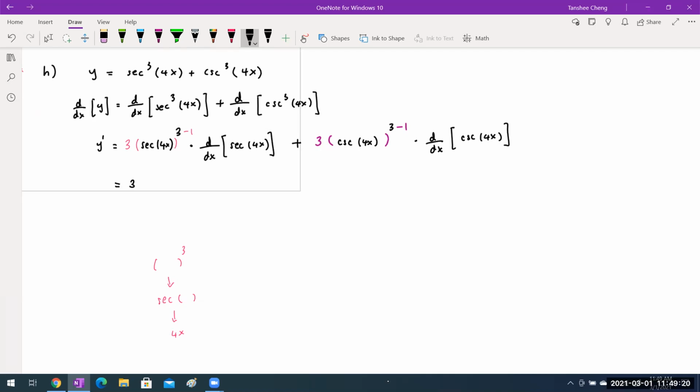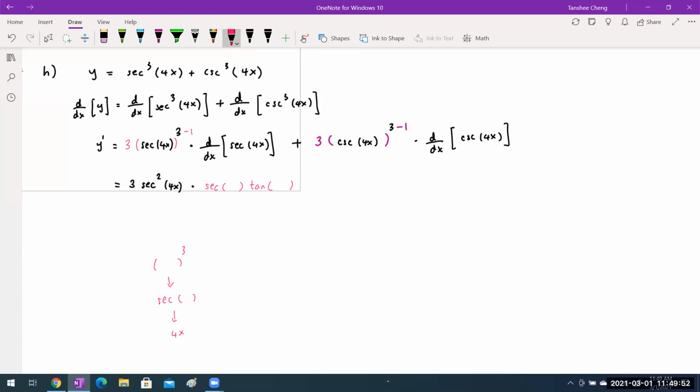So that will be 3 secant squared 4x, one power less, times the derivative of secant 4x. So we need to take the derivative of secant first in this case. The derivative of secant is secant times tangent.